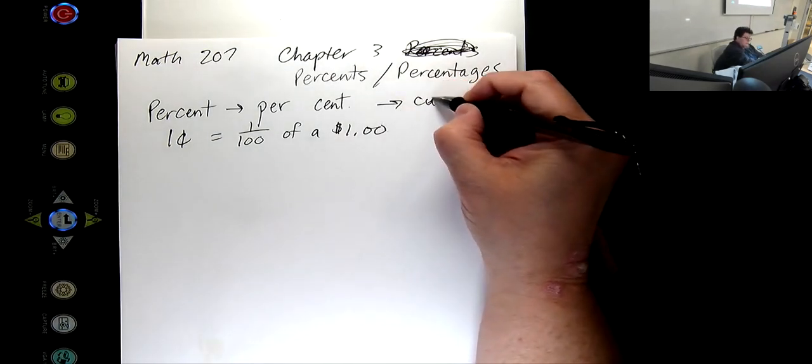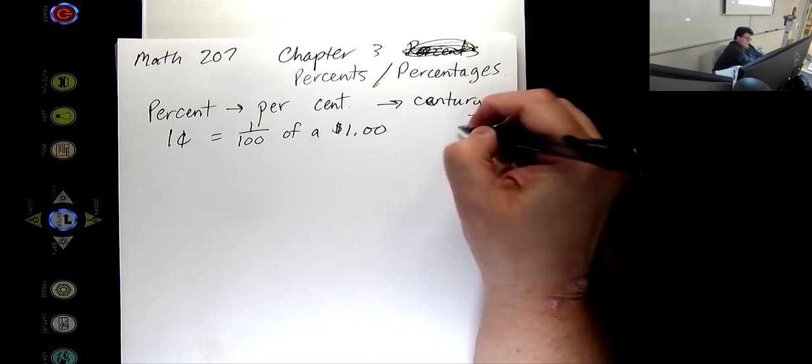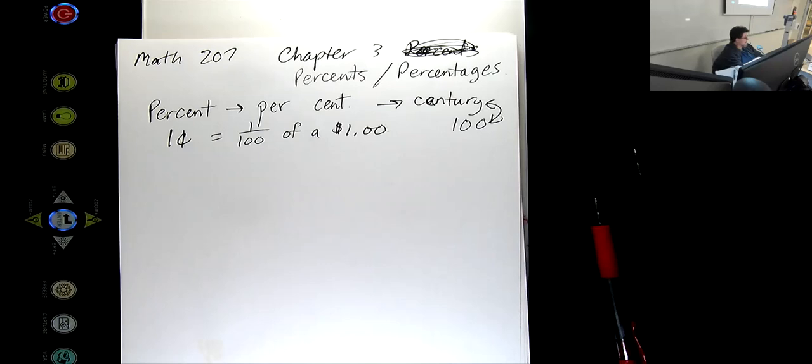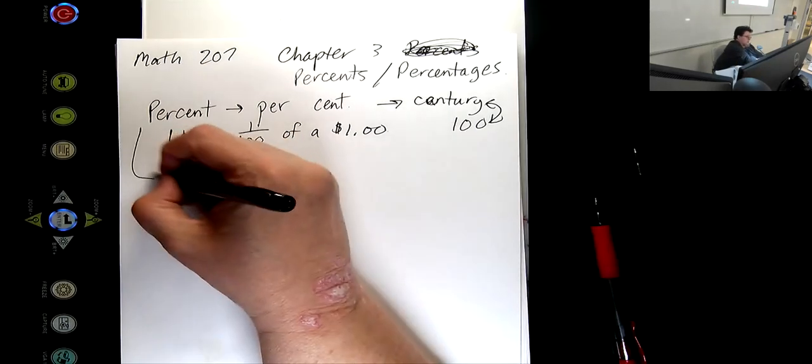Century means 100. Somewhere in Latin, I think it's got to be Latin, cent or some variation of cent means 100. So percent means parts per 100.